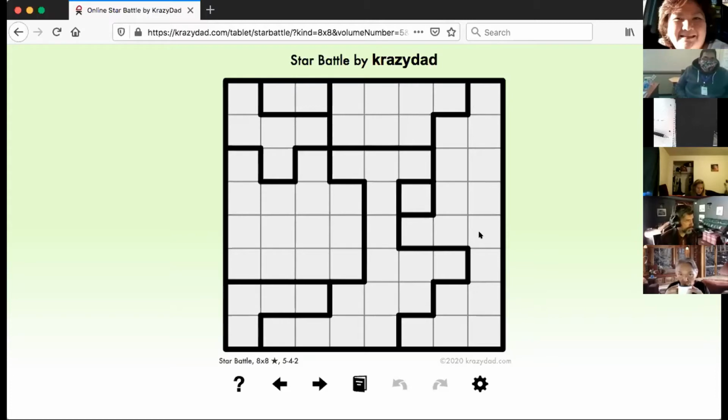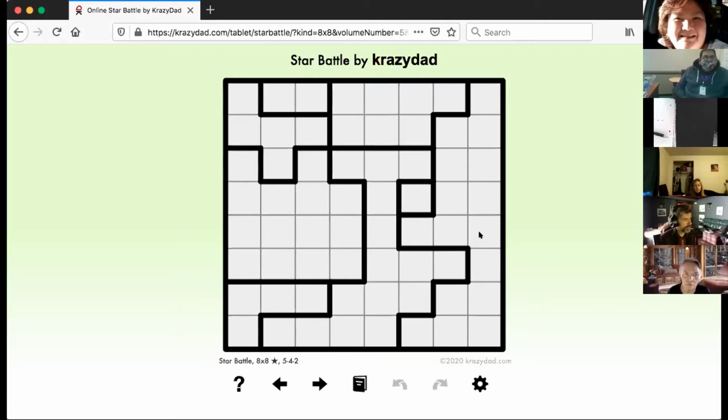Okay, any other comments about the regions? There are 1, 2, 3, 4, 8 regions. Like 1, 2, 3, 4, 5, 6. No, there are 8 different sets of groupings there.